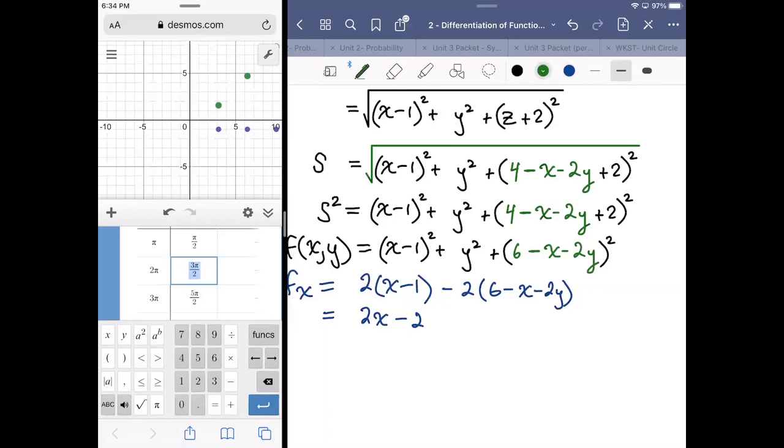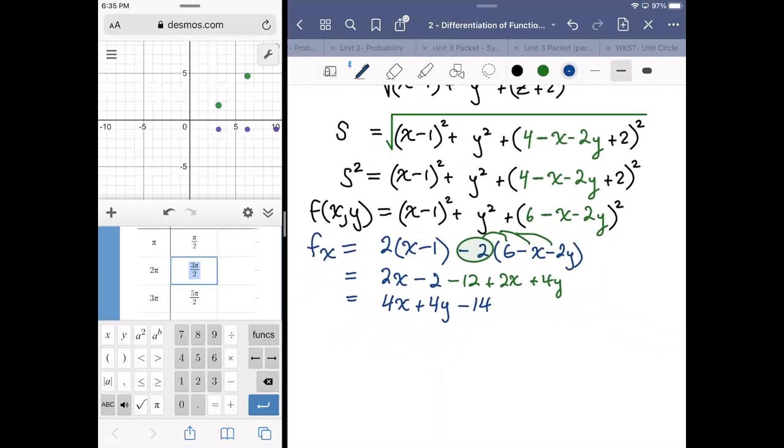When distributed, we get negative 12 plus 2x plus 4y. Let me clean that up. So 4x plus 4y minus 14, barring any kind of mistake.